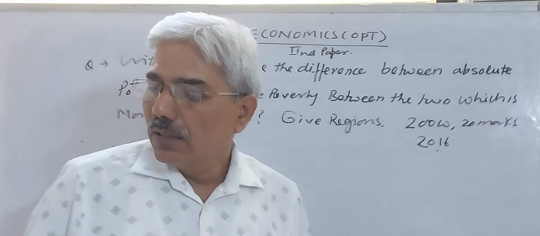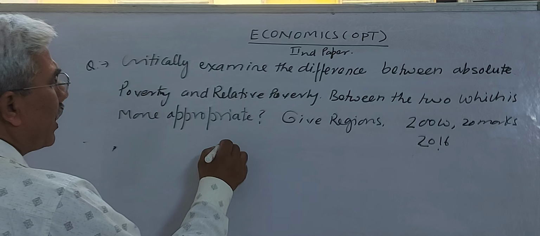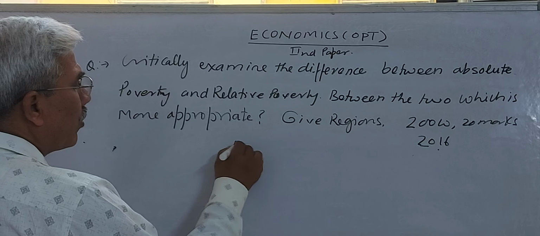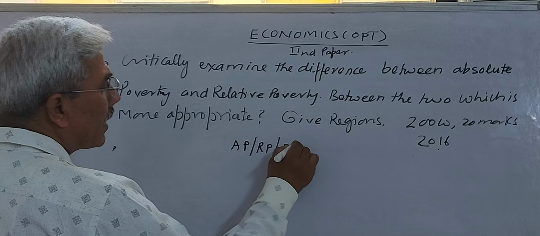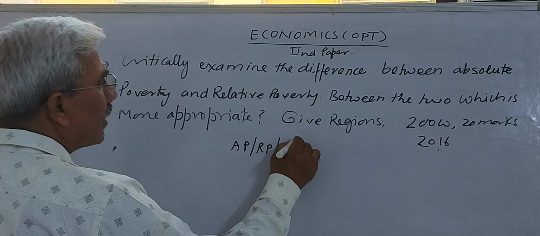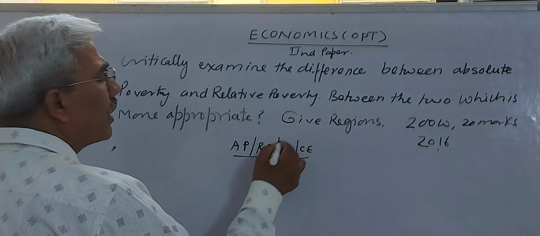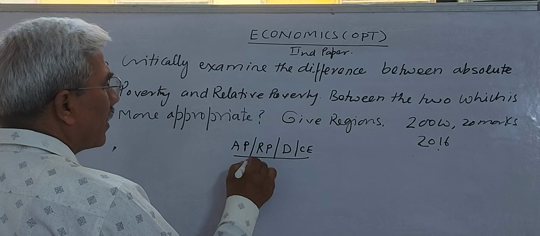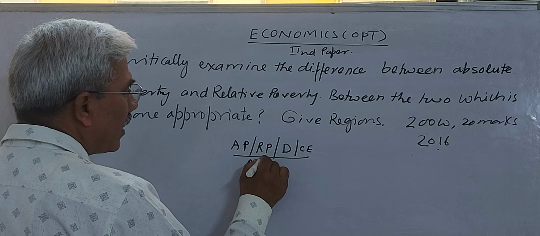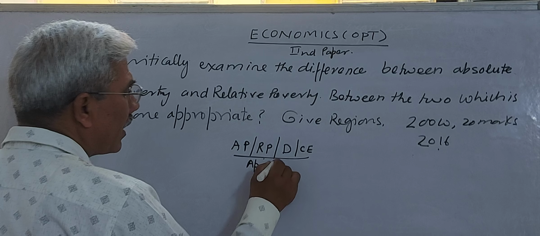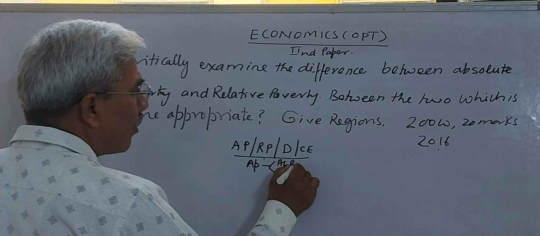Now you are clear. What is the key point? That is absolute poverty, relative poverty, differences, and critically examine. After that you have to give which is the best or most appropriate method, whether it is absolute poverty or relative poverty, and why.